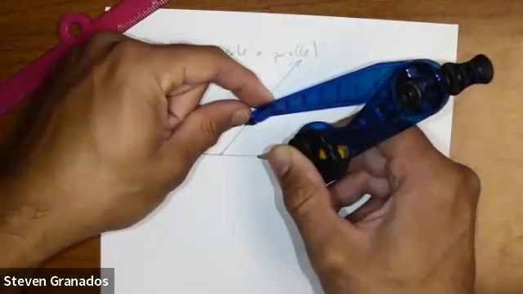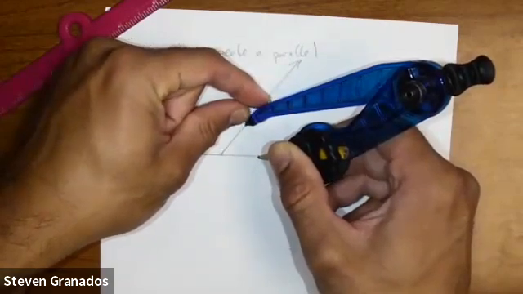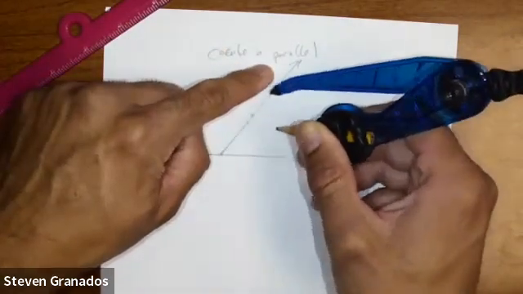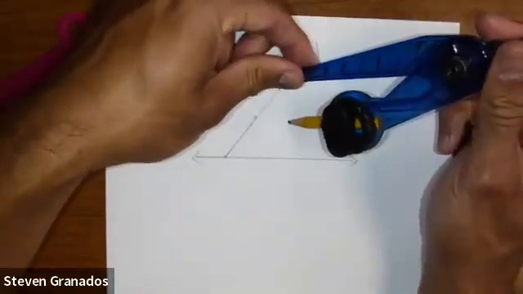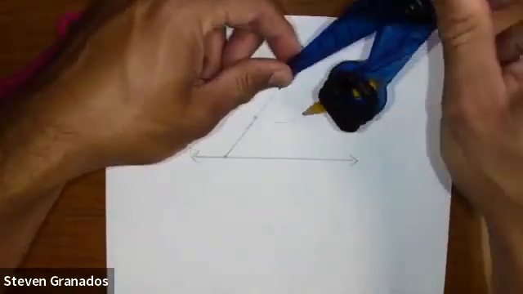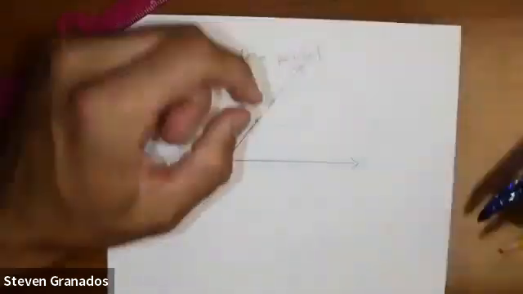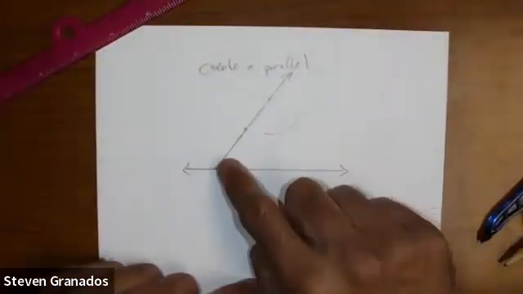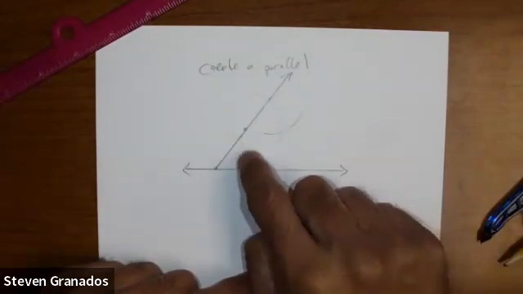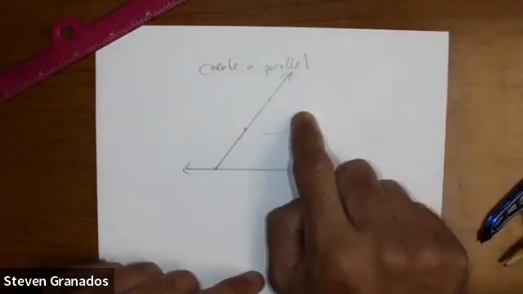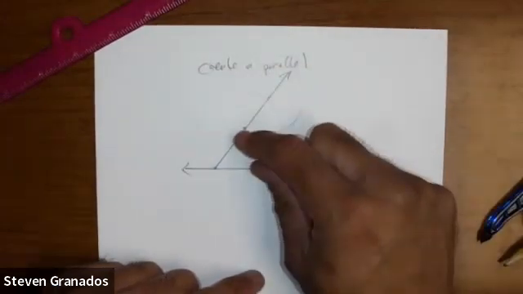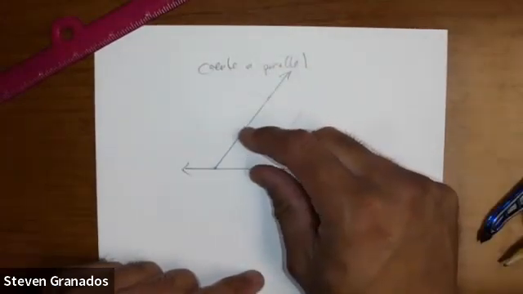So once we have adjusted the compass so that it's exactly at that width, we're going to move this needle up here to this intersection on the upper side and the arc, and we're going to create another arc. Okay, so then I have effectively three arcs: the lower arc from the original angle, the upper arc, and then this arc right here, which is effectively the width of this angle.